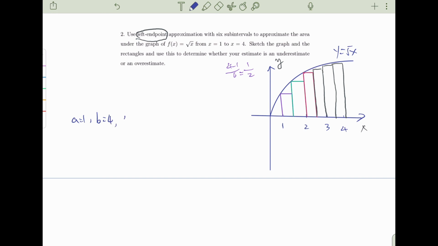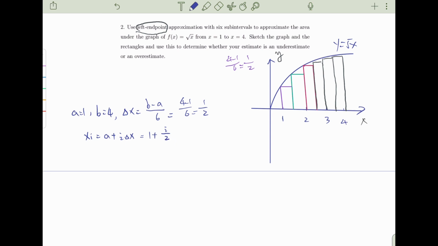And delta x, the length of the interval, is b minus a divided by 6, the number of intervals. 4 minus 1 divided by 6 is 1 over 2. So we have x_i equal to the first endpoint a plus i times delta x by the formula, which is 1 plus i over 2.